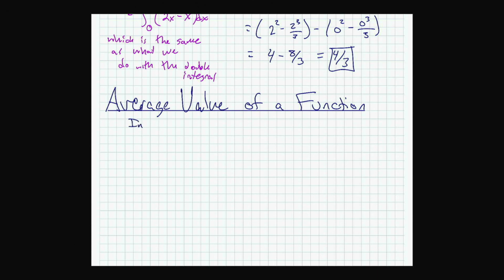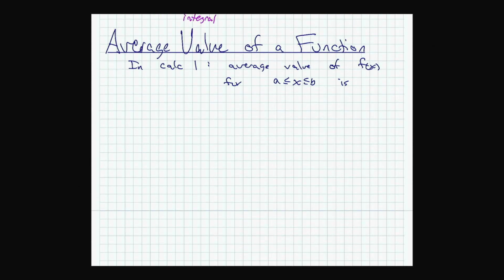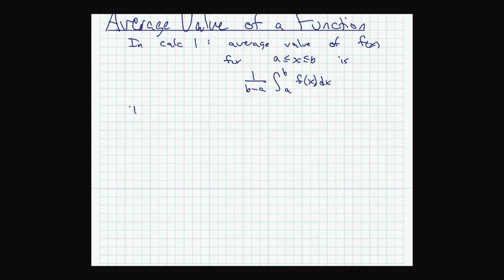So in Calc 1, the average value of f(x) for x between a and b is 1 over b minus a, integral from a to b of f(x) dx.